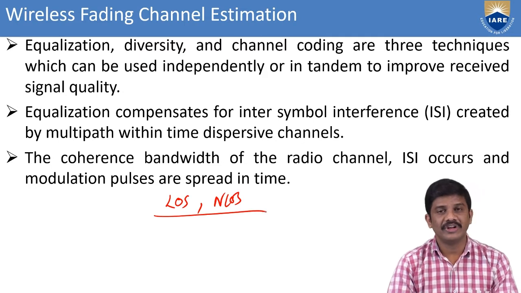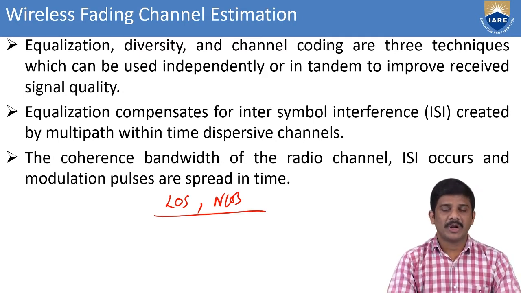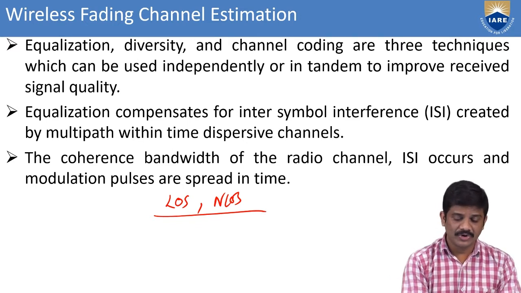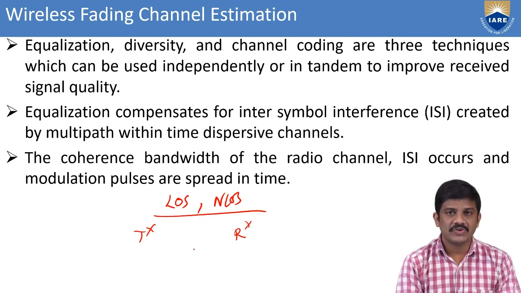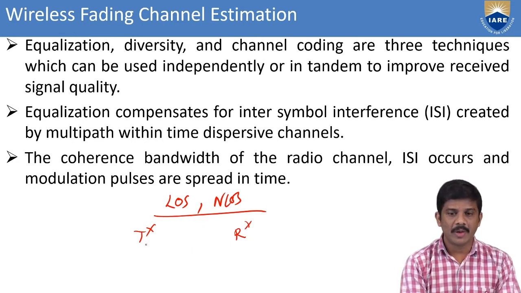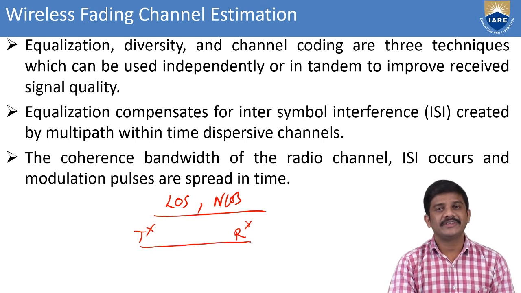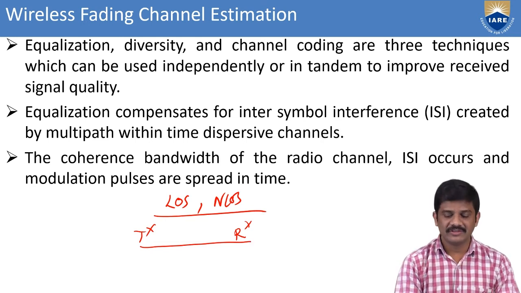We have two different propagations between the transmitter and receiver. Line of sight means, for example, this is a transmitter and this is a receiver, and in between there is no obstacle. The signal is in a single direct path. Then this is called line of sight propagation.